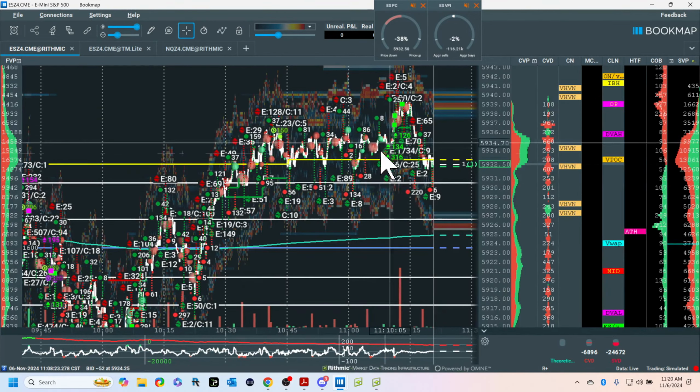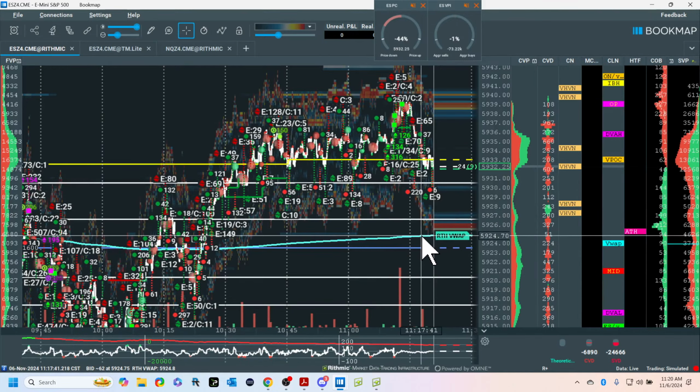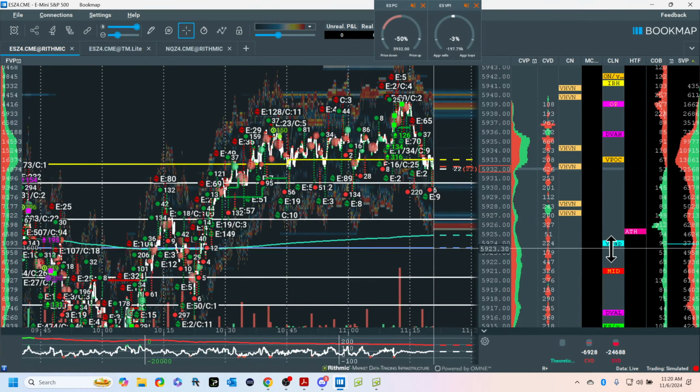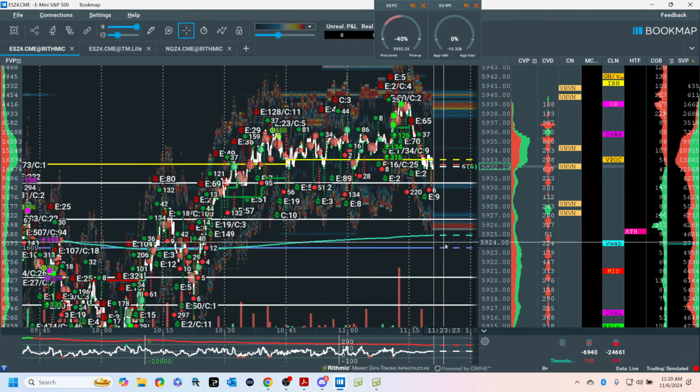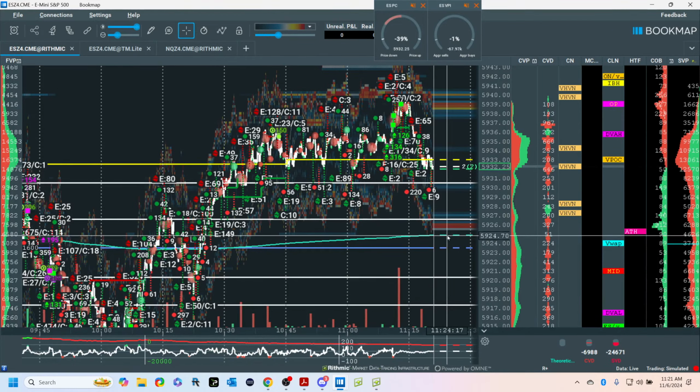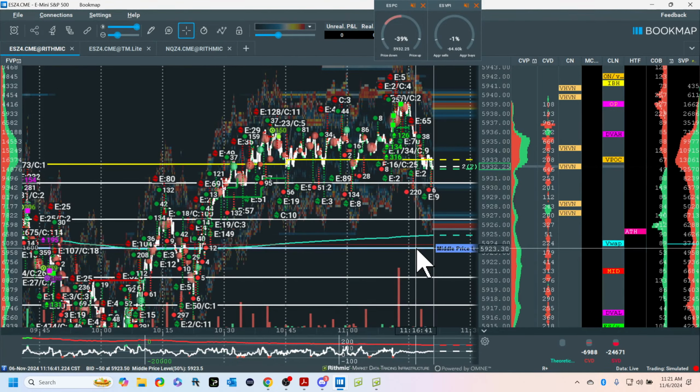Now, here's another trade. If I come out here, this area, and the VWAP is here, and the mid is, well, I'm wrong. This is the VWAP, and that's the mid. Okay, that's accurate. These levels are off, and I have to fix that. Hopefully, it'll be fixed soon.